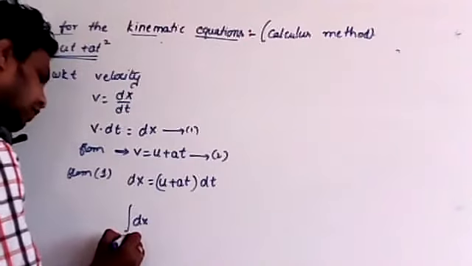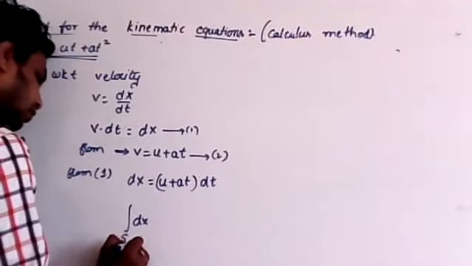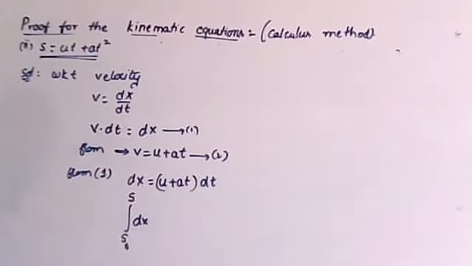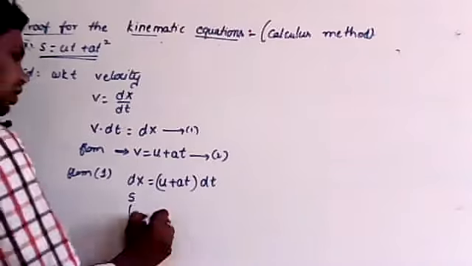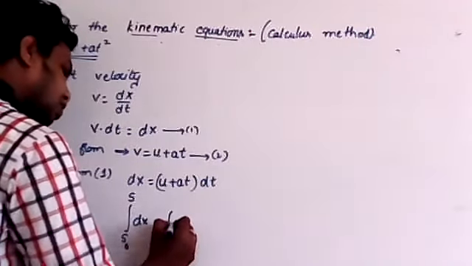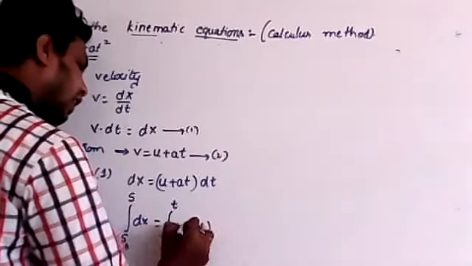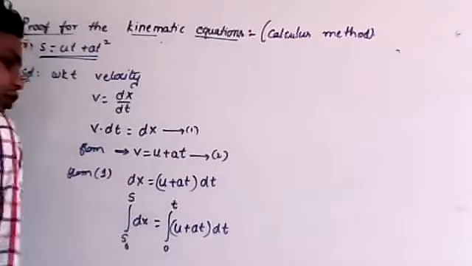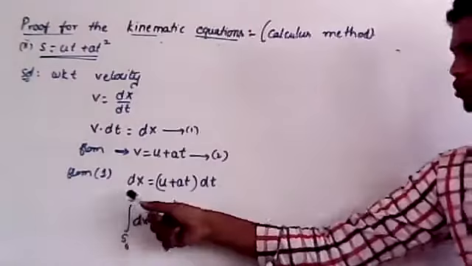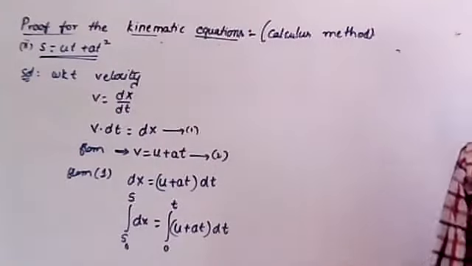I will take the initial displacement as, for example, s naught, and the final displacement as s, equal to, with initial time 0 and final time t, integration of u plus at into dt. Did you understand this step? Nothing is there. On both sides, we kept integration with some limits.